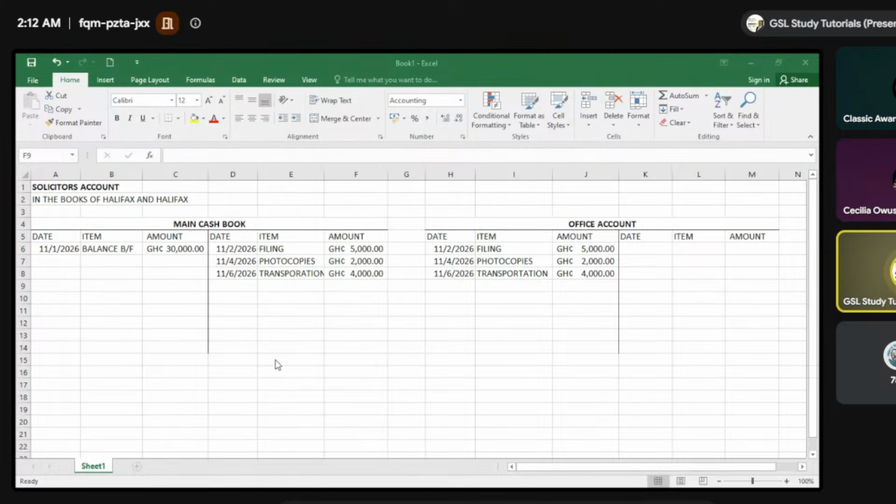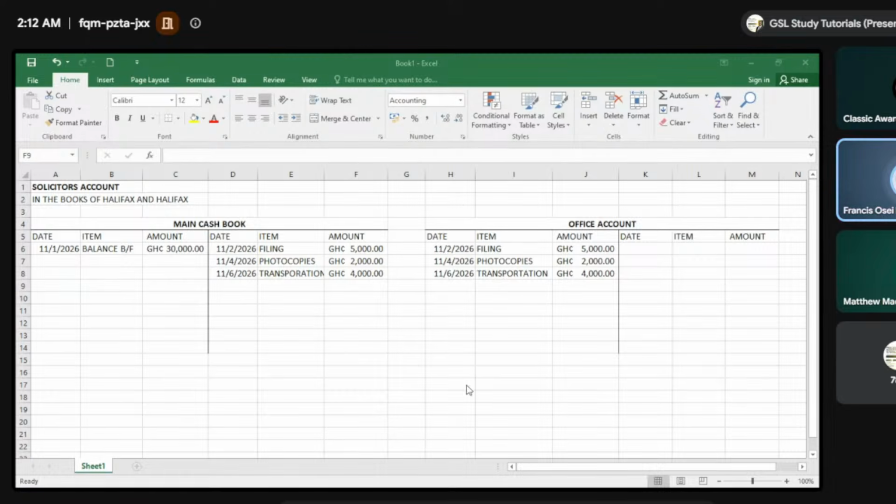So now let's come back to our rules again. What is a client cash book used for? For any money that comes from the client.